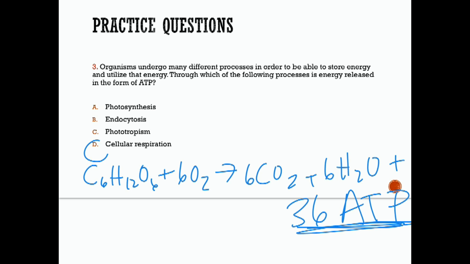All right, so number 3 is going to be D. Remember, plants store energy in the form of glucose through the process of photosynthesis, and then that energy in the form of ATP is released during cellular respiration.